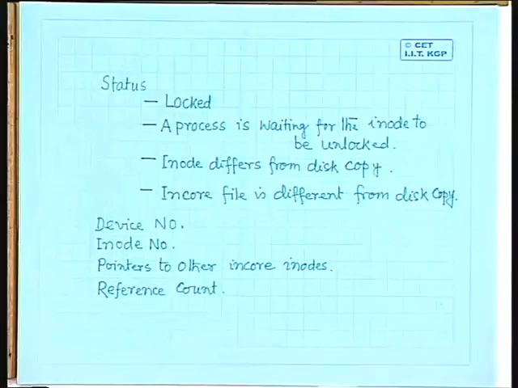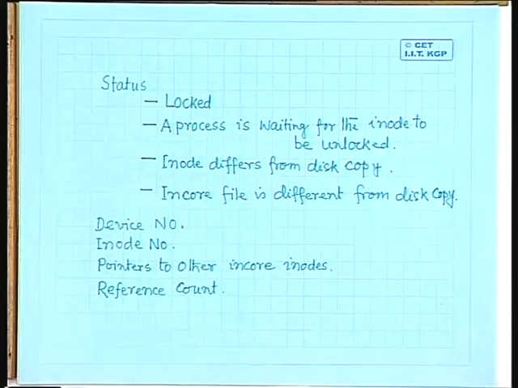So now the reference count becomes equal to 2. It is the reference count field which indicates how many active instances of the same file exist in the system. Now when the first process closes the file, it simply decrements the reference count by 1. So earlier the reference count field was equal to 2, now it becomes equal to 1. Because it is 1, that indicates the file is still active for some other process.